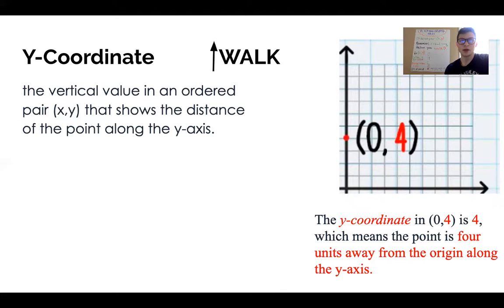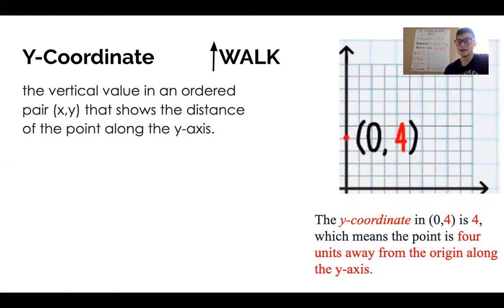Again, it's (x, y), so that y coordinate is your second coordinate. It shows the distance of the point along the y-axis. In this example to the right, our ordered pair is (0, 4). The y coordinate in (0, 4) is 4, which means the point is 4 units away from the origin along the y-axis.